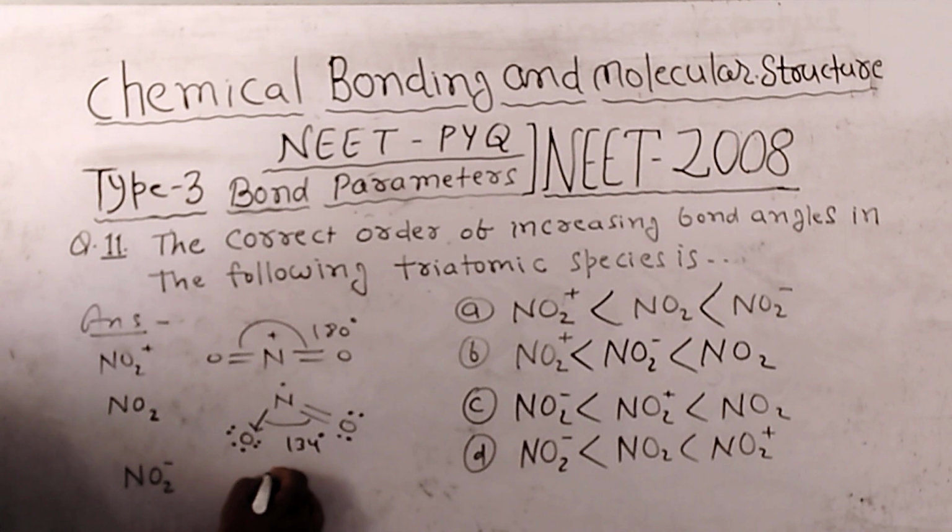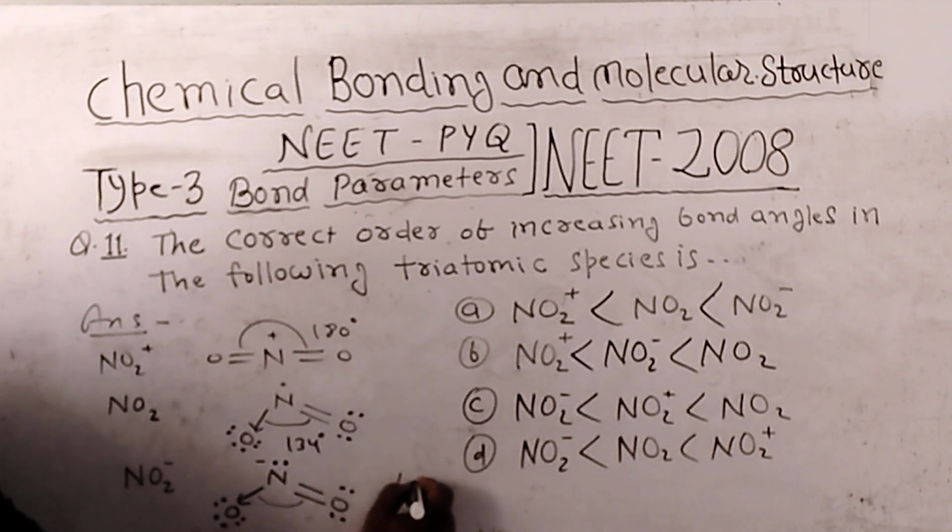Then, the structure of NO2 single negative is due to presence of a single negative charge here. Now the angle has decreased due to increase of lone pair.